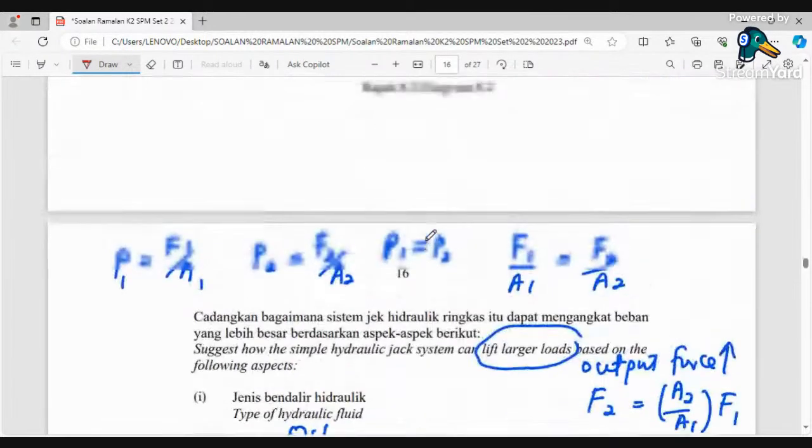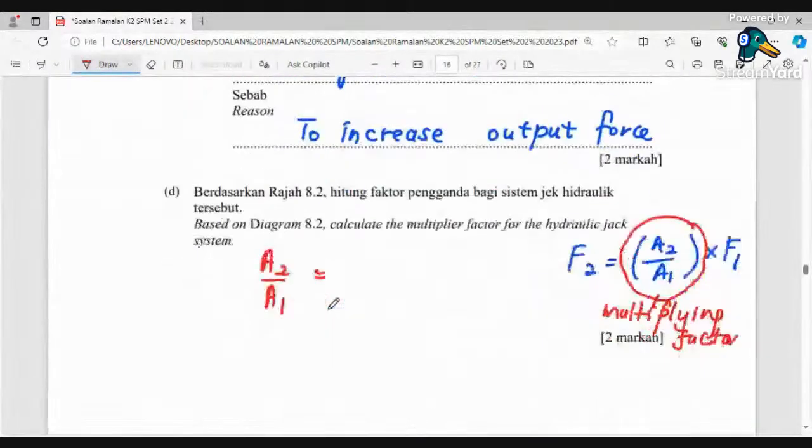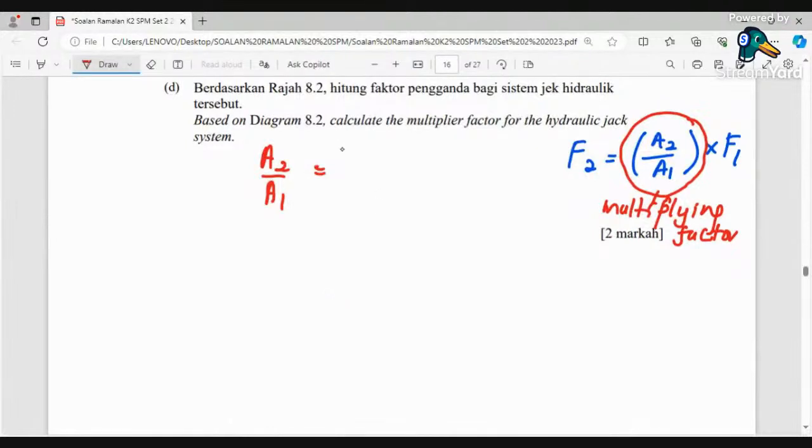Kita tengok balik size tadi. Okay, ini 75, ini 15. A2 75, A1 15. So 75 divided by 15 ialah 5. Meaning if you apply force F1 10 Newton, F2 will become 50 Newton, 5 times bigger. So we call it multiplying factor.